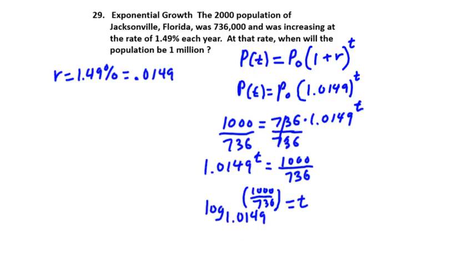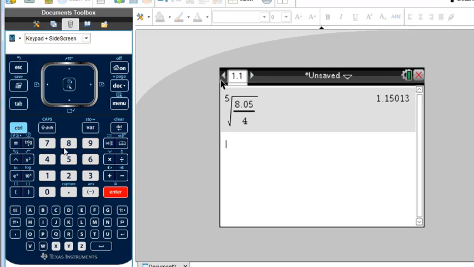So if we go into our calculator, we get our logarithm by pressing Control log, and for this we're going to put 1.0149, and of which value, Control division, we're going to put 1,000 divided by 736.